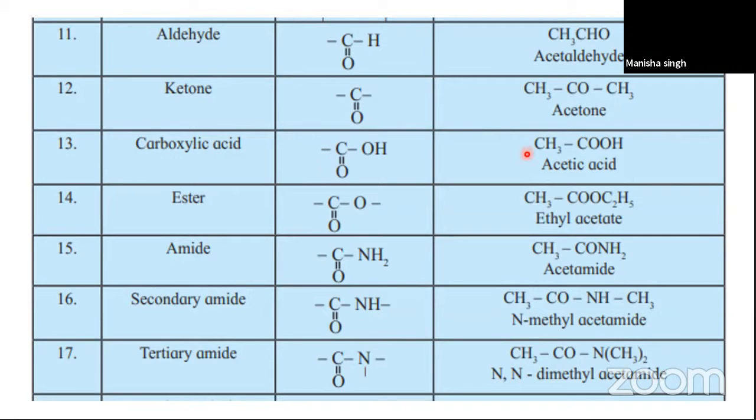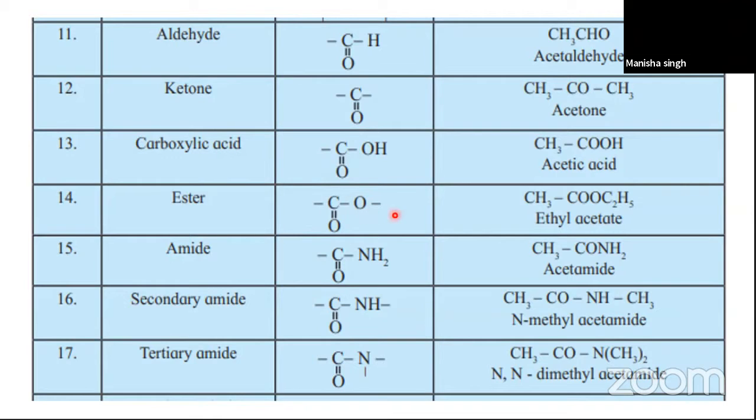Now in ester, only difference is what? The carboxylic acid and ester are very similar. Only difference is that in carboxylic acid, the hydrogen is replaced by alkyl group in case of ester. तो यहाँ पे COOH है और यहाँ पे क्या हो जाता है COOR हो जाता है.